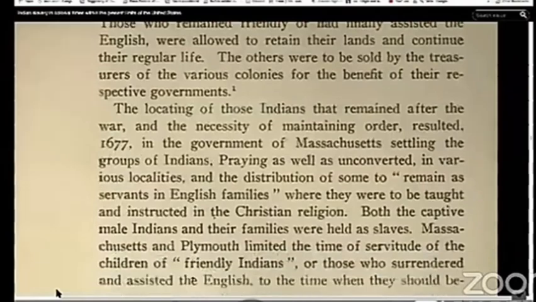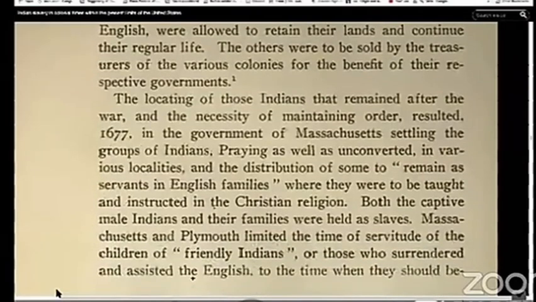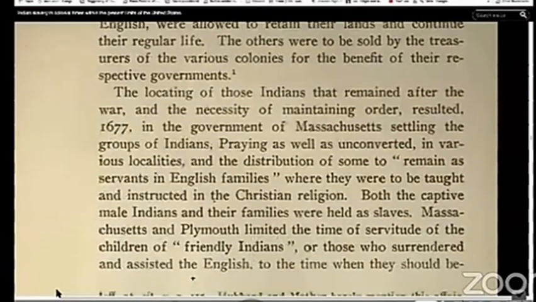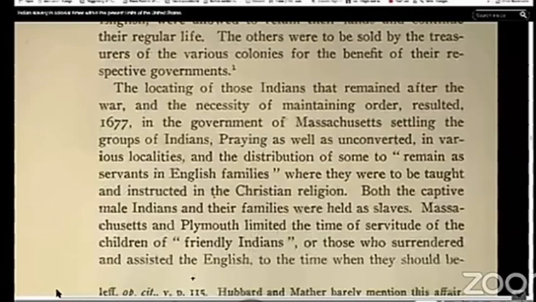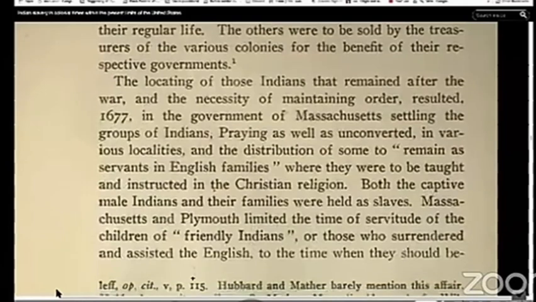The locating of those Indians that remained after the war and the necessity of maintaining order resulted in 1677 in the government of Massachusetts settling the groups of Indians, praying as well as unconverted, in various localities, and the distribution of some to remain as servants in English families, where they were to be taught and instructed in the Christian religion.